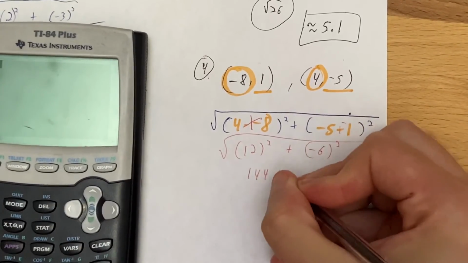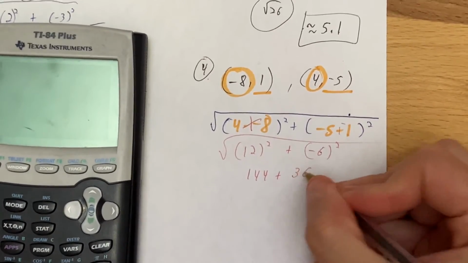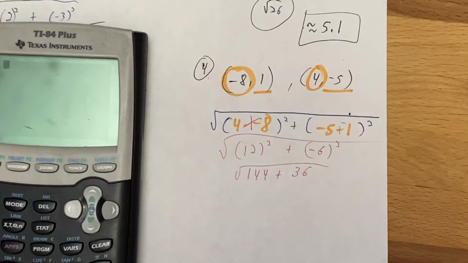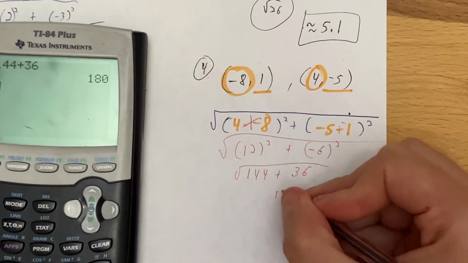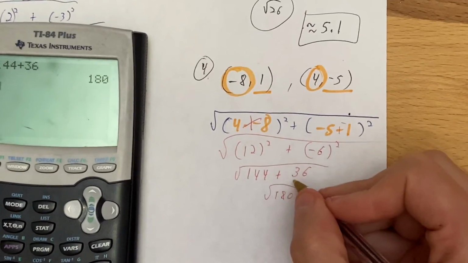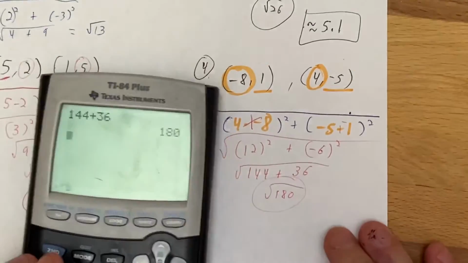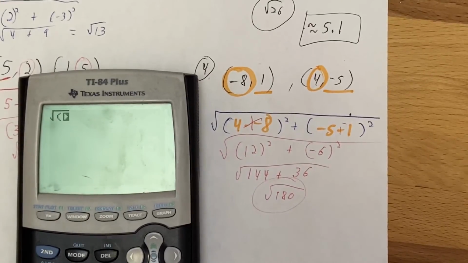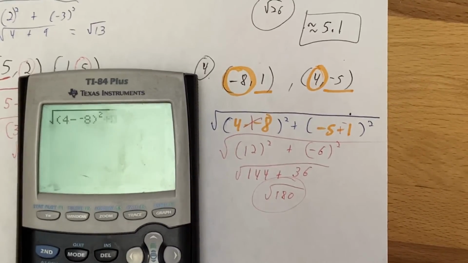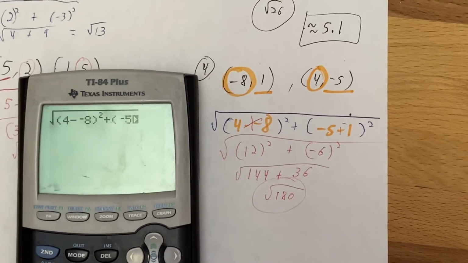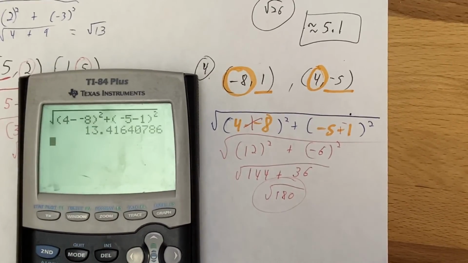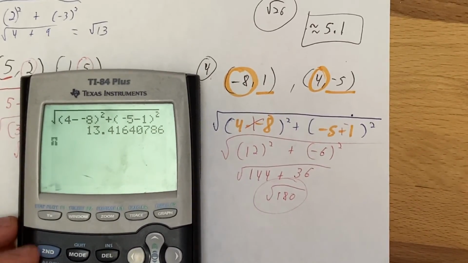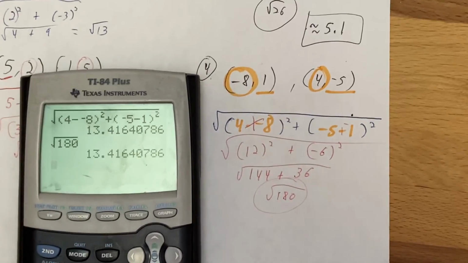That'll be 144. And a negative squared is still a positive. And 144 plus 36 is 180. So that should be the answer. Out of paranoia, I'll try it, because why not? We have 4 minus -8 squared plus -5 minus 1 squared. And let's see if the square root of 180 is that same thing.